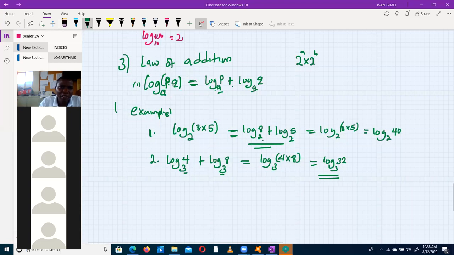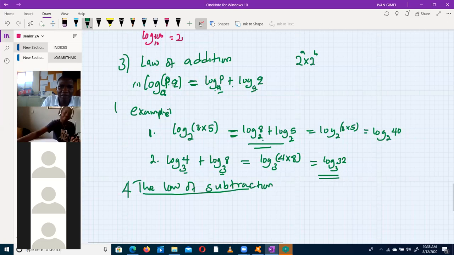Then the very last law, law 4, is the law of subtraction. The law of subtraction says, if you're dividing the terms, log of P out of Q to base, let's say, base A. If you're dividing like this, then you're going to subtract.